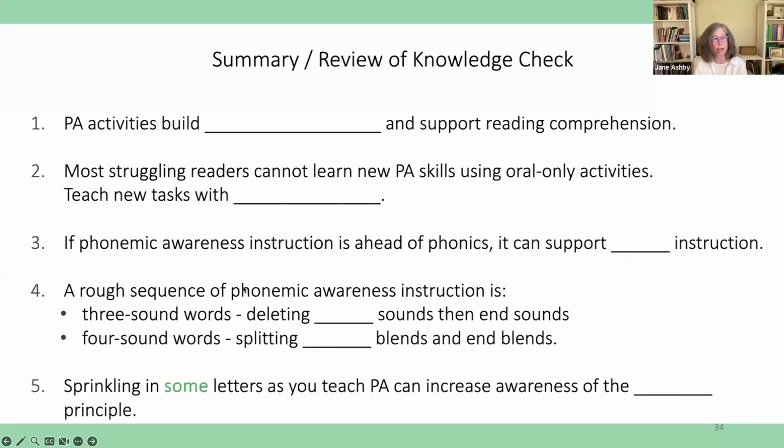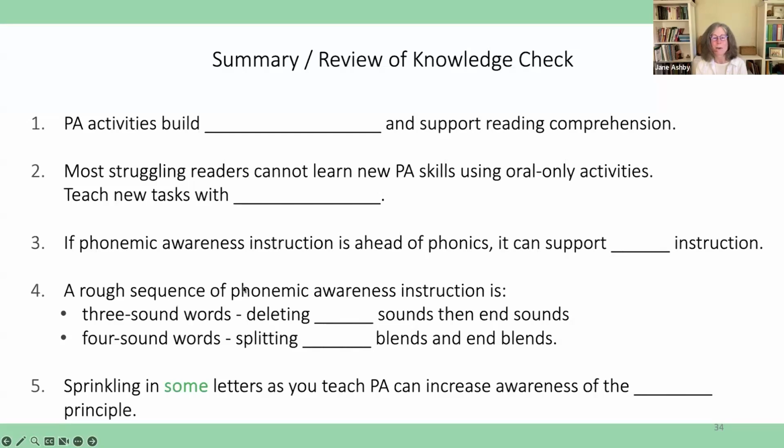So now let's go back to the knowledge check that you were working on at the beginning of our session together today. And let's just go ahead and fill these in. I'm going to give you an opportunity to think for yourself what it is for the fill in the blank. This will be a good little review. And then I'll supply the answer.